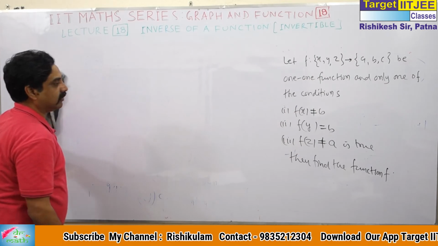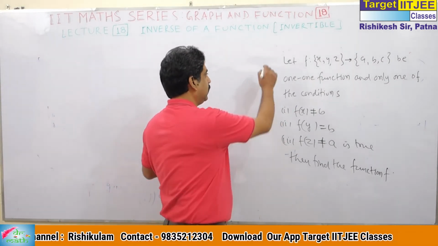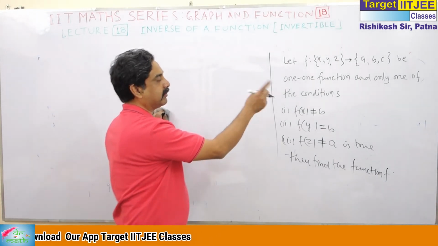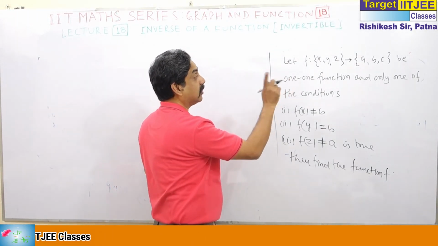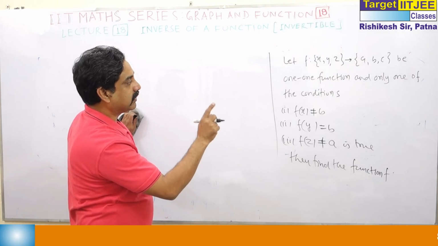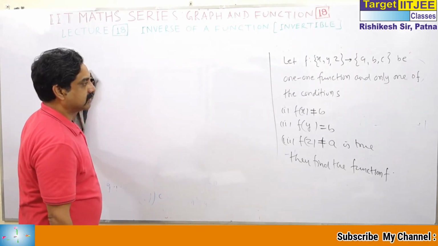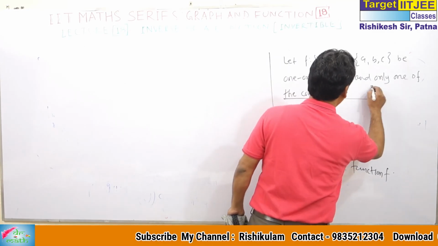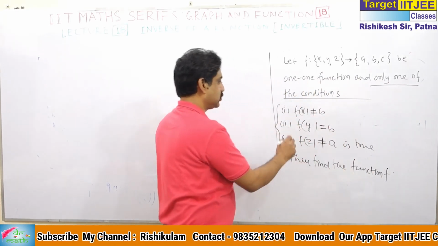This is actually complete logic. Actually function is one-one means one corresponding to one, so it is also onto, but we have to concentrate on this. Only one of the conditions is true.